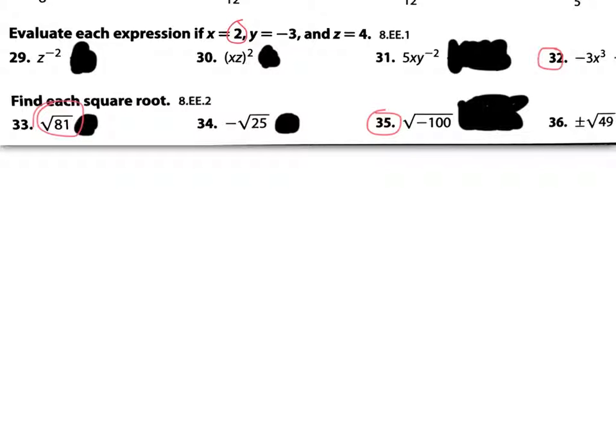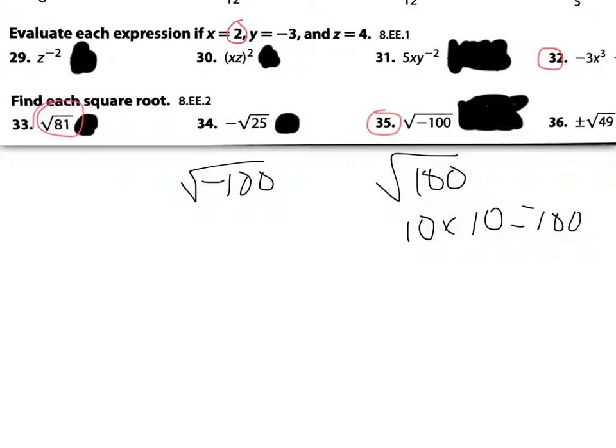Okay, there we go. Alright, last one. It's a little tricky. Okay, remember, it's what number times itself equals the inside number for square roots. So if it were square root of 100, well, we know that 10 times 10 equals 100, and we know that -10 times -10 equals 100.